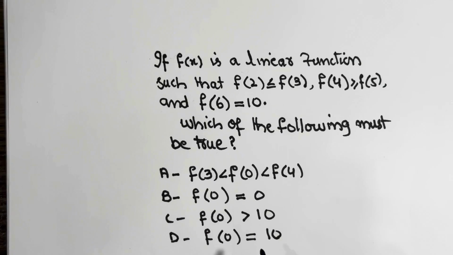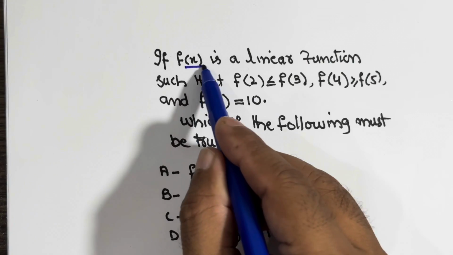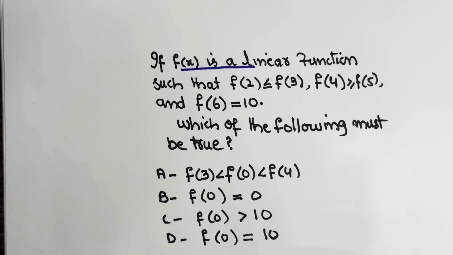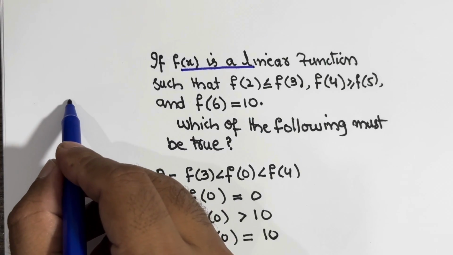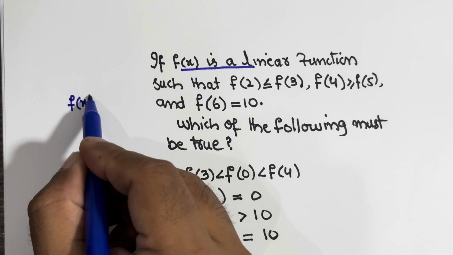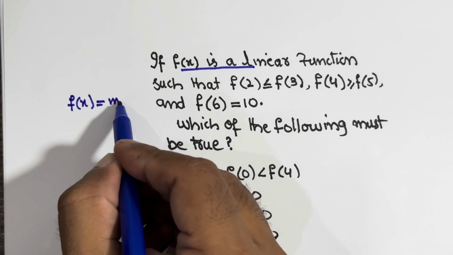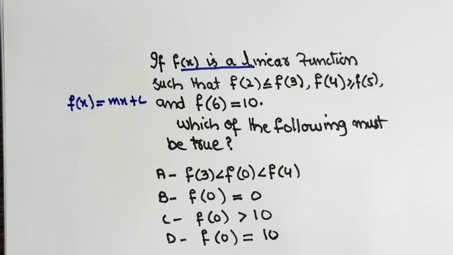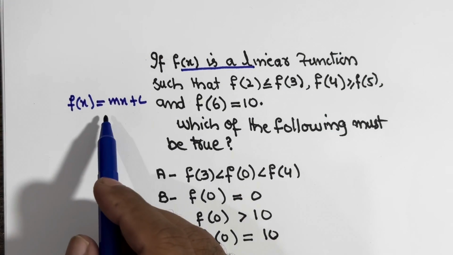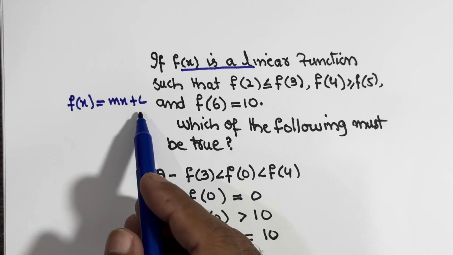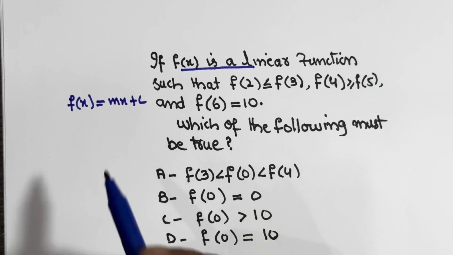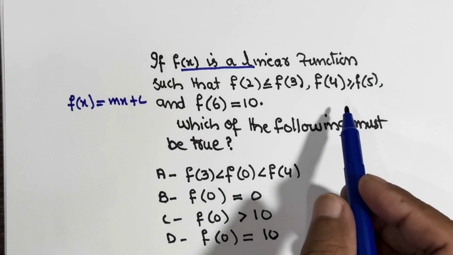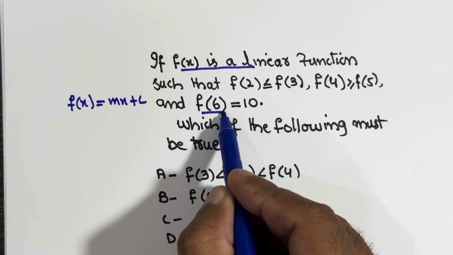We have a linear function. f of x is a linear function. So first of all, a linear function is of the form f of x is equal to mx plus c. You know that this is a linear function where m is the slope and c is the y-intercept. So now we are given that f of 6 is equal to 10.